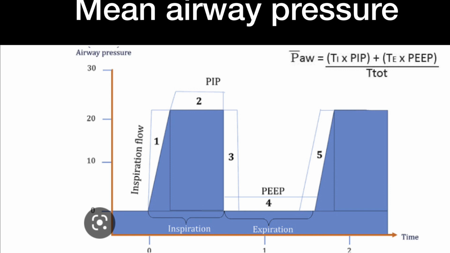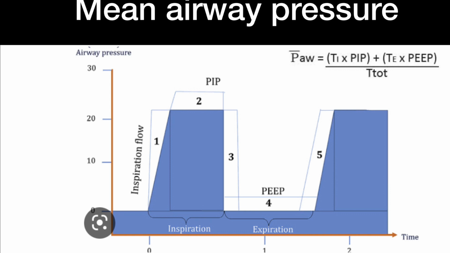Now let's look at the ways to improve the mean airway pressure. One, you can increase the flow rate. Normally the flow rate is kept at around 6 to 8. Generally 6 to 10 is usually sufficient. However, increasing the flow rate has its own advantages and disadvantages.